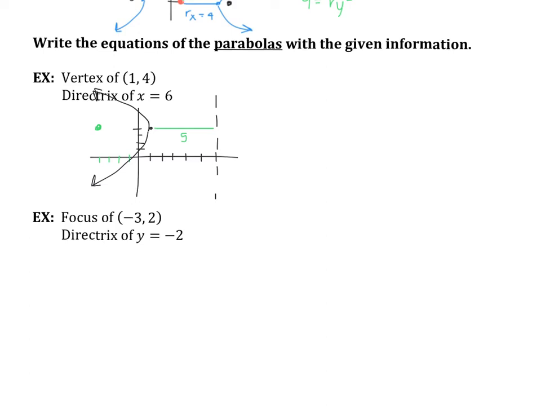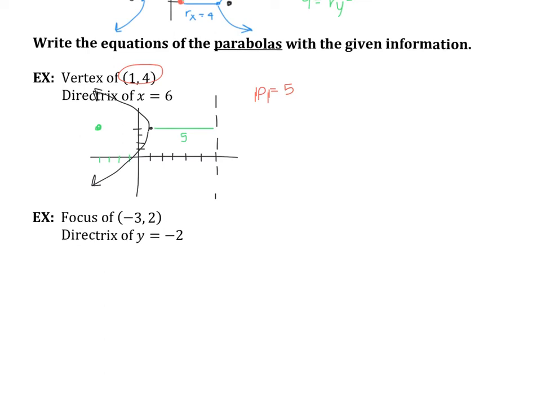Okay, so vertex 1, 4, super important. Notice this is the p-value. So p equals 5, absolute value of p equals 5. Now notice it opens to the left. Everything we've talked about, if it opens to the left or down, the p-value needs to be negative.